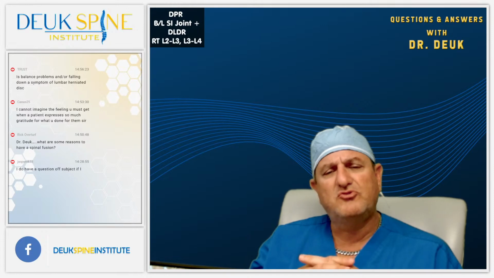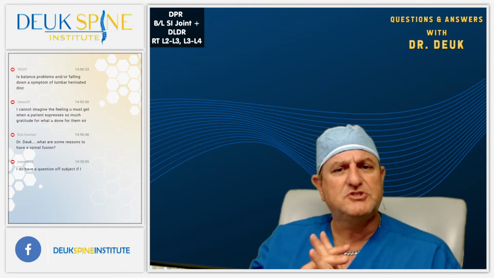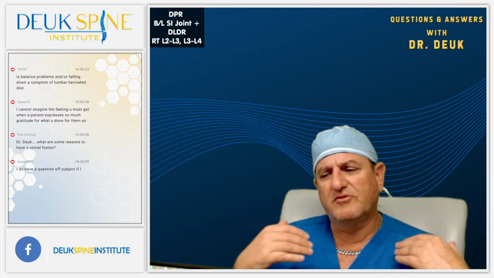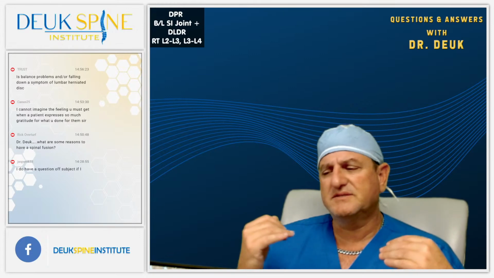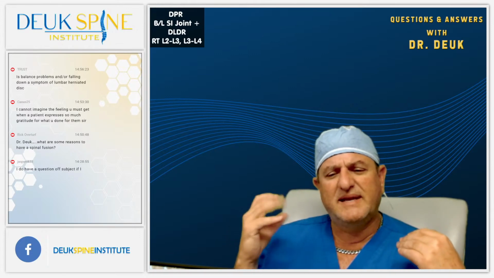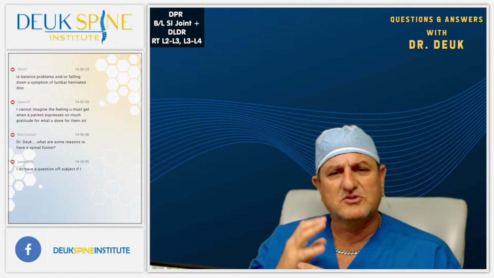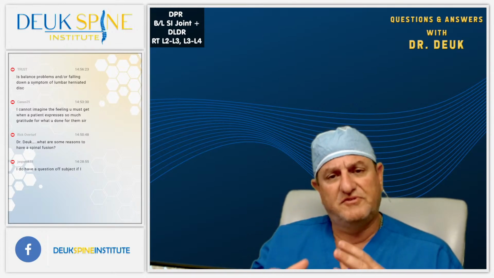Another reason would be a tumor of your spine. Let's say you have a metastatic lesion, like cancer from your lung or from your kidney, that goes to your spine and is eating away at it, and then your spine just falls apart. You need a fusion to fuse that.